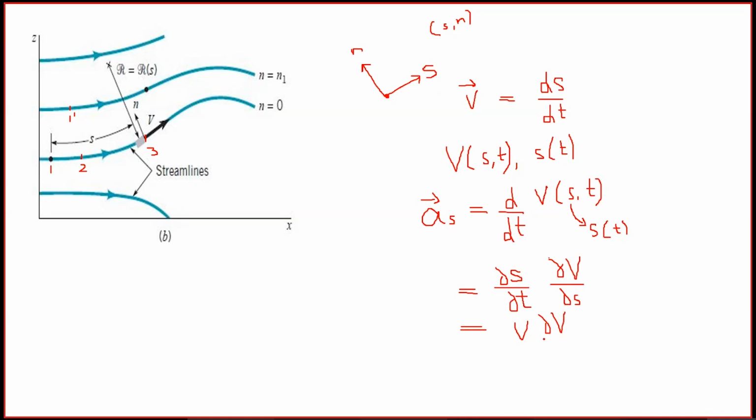In dynamics, you would have studied this sort of equation along the normal and tangent components. Here that is along the streamline and normal to the streamline. So from this, we know that acceleration along the streamline is dependent upon two things. One is change in position with respect to time, and the other is change in velocity with respect to position, right? Yes, sir.